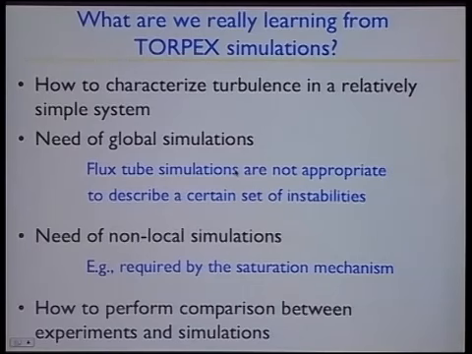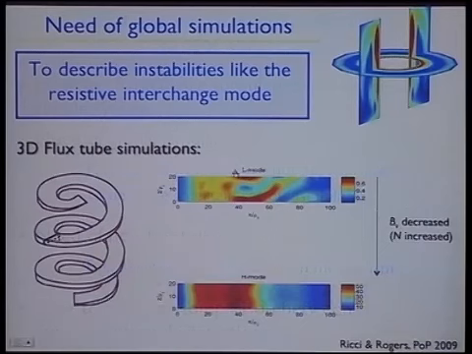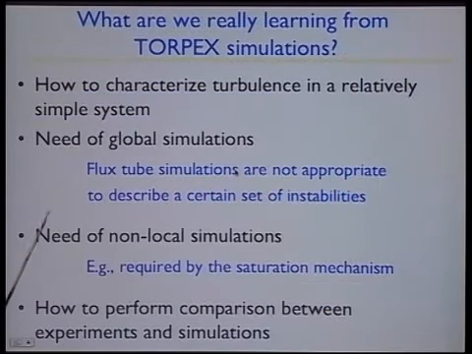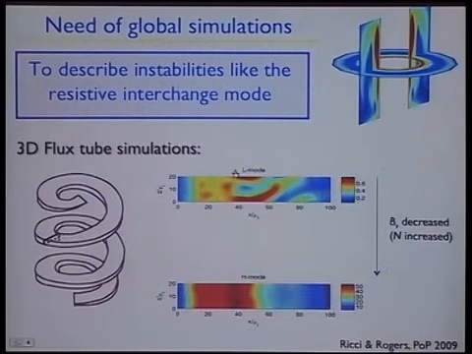And what we are also learning is how it's possible to perform comparison between experiment and simulation. So let's go through these 3 points: the need of global simulation, the need of non-local simulation, and how to perform comparison. So, need of global simulation.